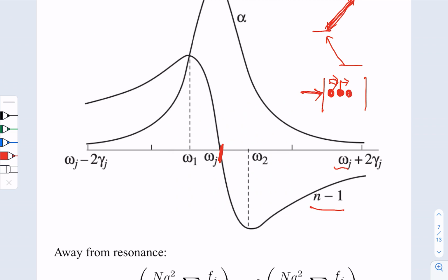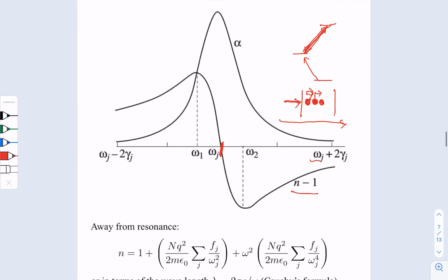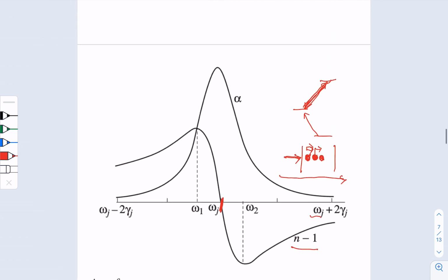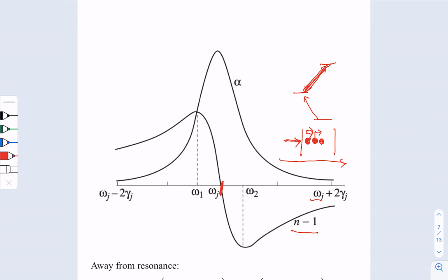You can think that once the light wants to travel to the right, it has to be absorbed and emitted by lots of atoms, and the absorption and the re-emission take time. So we can think of this as actually changing the dispersion relationship.